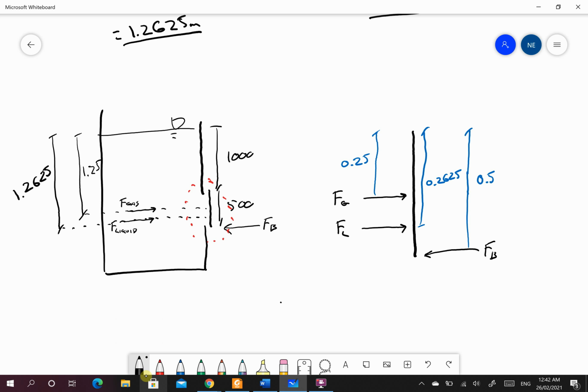So what I end up with, therefore, is 0.5 FB equals 0.25 F gas plus 0.2625 force of the liquid.